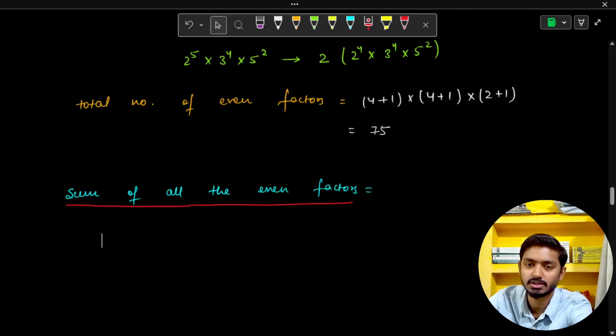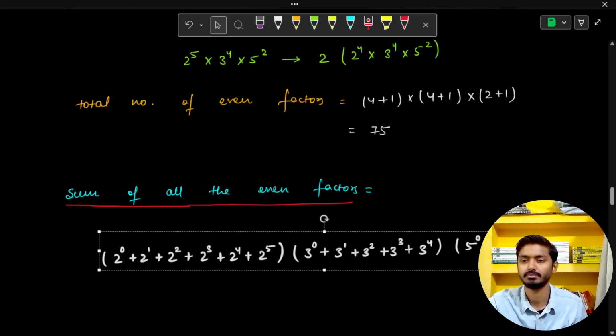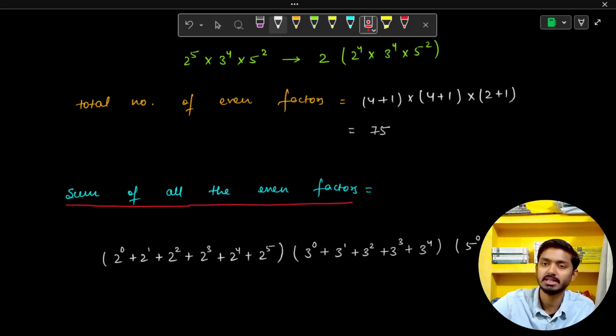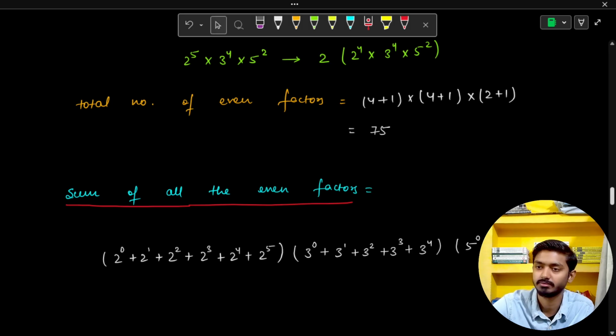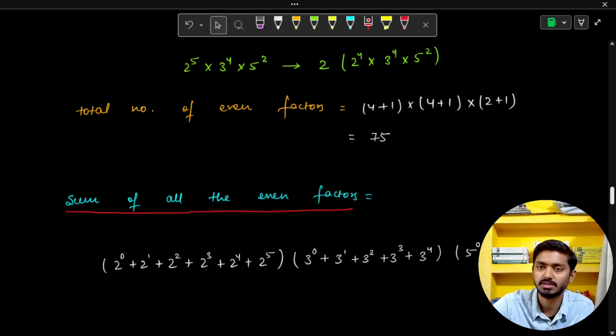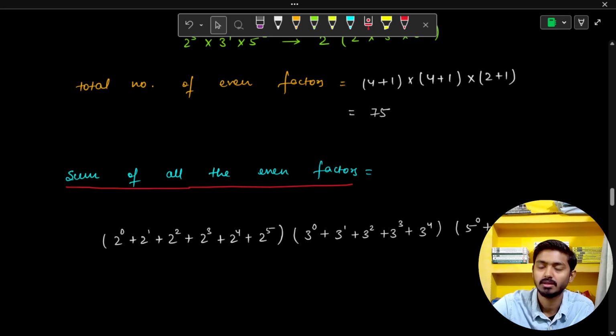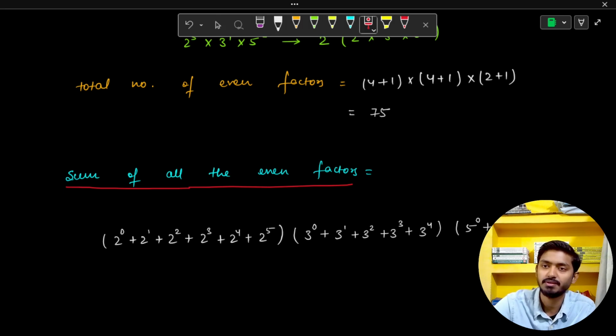Even if you are asked the total number of even factors, you are going to write exactly the same thing. The only difference would be that, if you remember, while calculating the total number of even factors, we took one of the two out of our system just to ensure that all of the factors are even. We are going to remove and counteract for that part of 2.